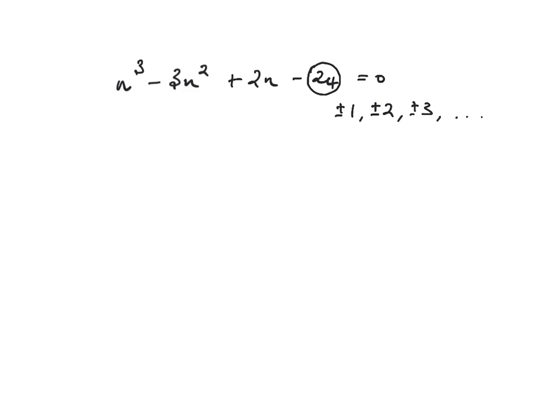Which of those numbers, if we substitute into this equation, will give us a 0? So n cubed, n squared, n to the power of 1 and n to the power of 0, remember your table. So 1, minus 3, 2 and minus 24.